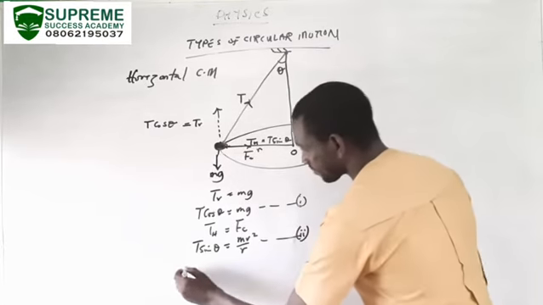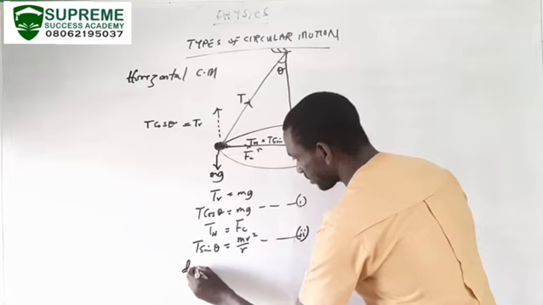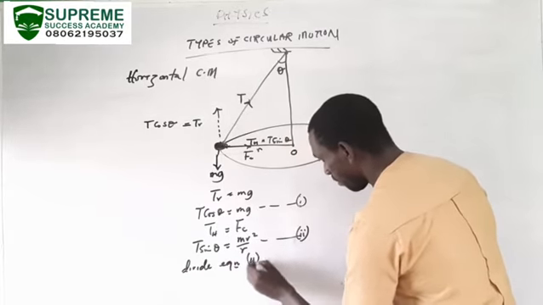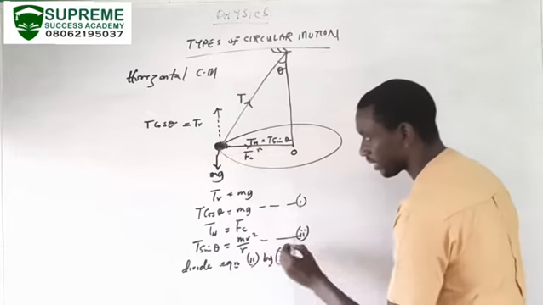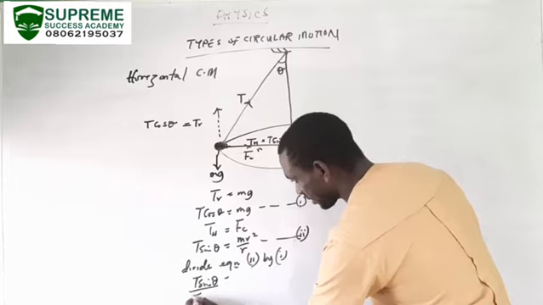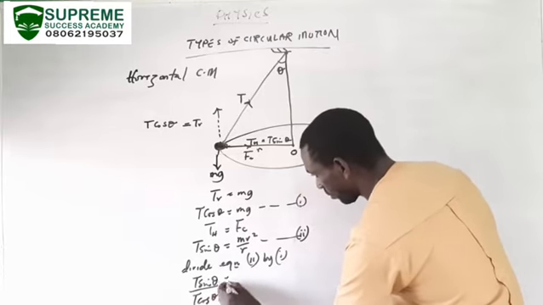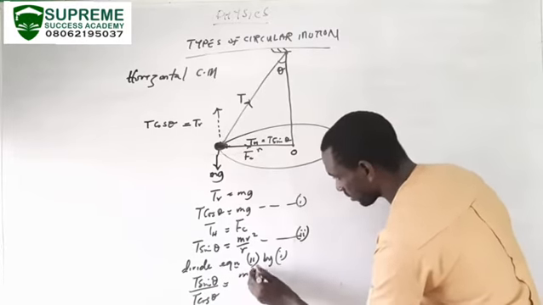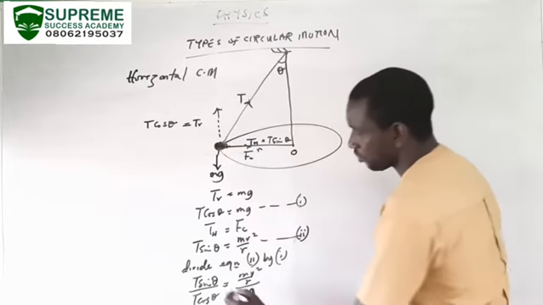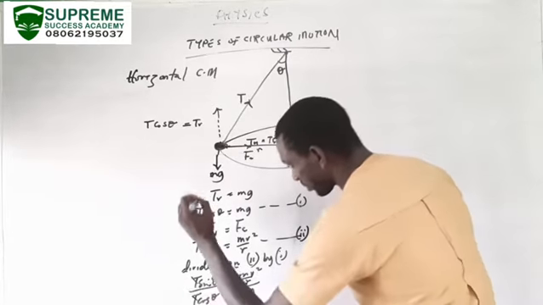Now just divide equation 2 by equation 1. You have T sin theta over T cos theta equals mv squared over r divided by mg. So your T cancels out.